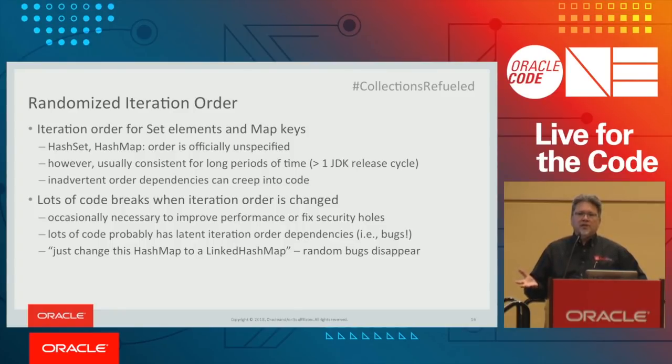Or if you want something like a set or a map that does have a defined iteration order, there are other classes already in the JDK, linked hash set and linked hash map, that do have predictable iteration order. So one potential fix is, if you do have dependencies on iteration order that you can't root out, then switch that code to use linked hash map or linked hash set.